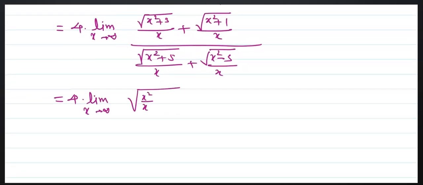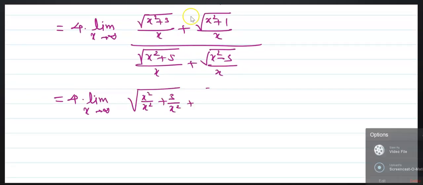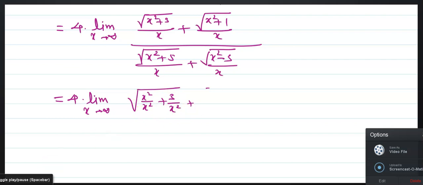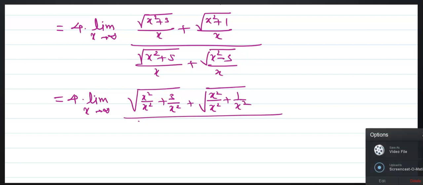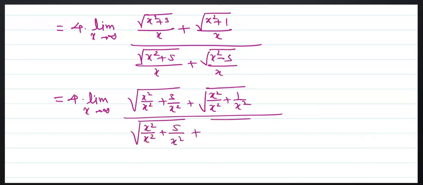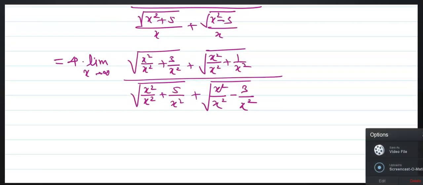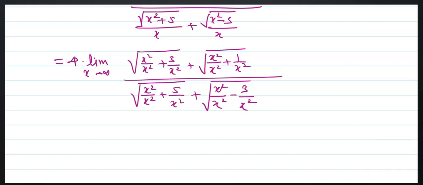Therefore x goes inside the root on the right-hand side and becomes x square, that is root of x square upon x square plus 3 upon x square, plus root of x square upon x square plus 1 upon x square. This is the next split up.